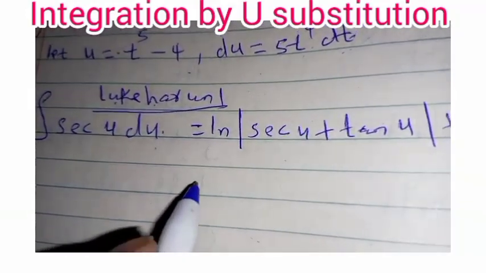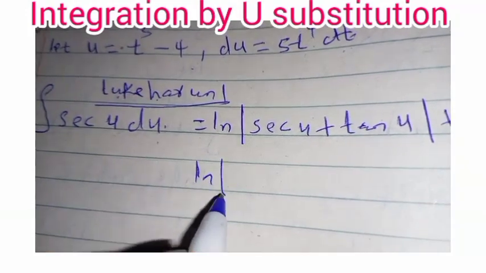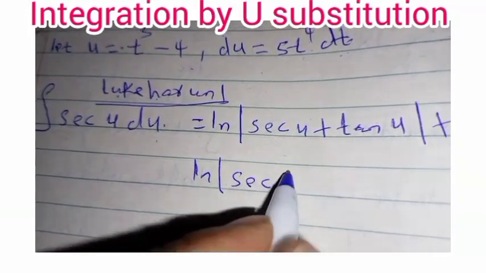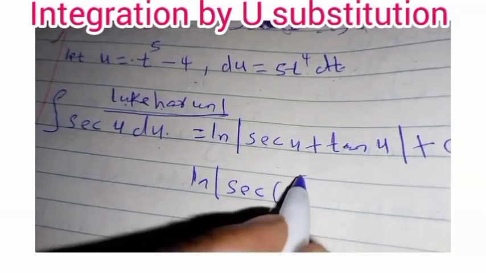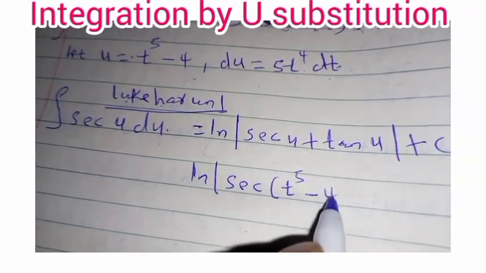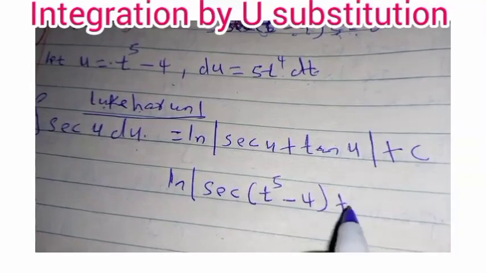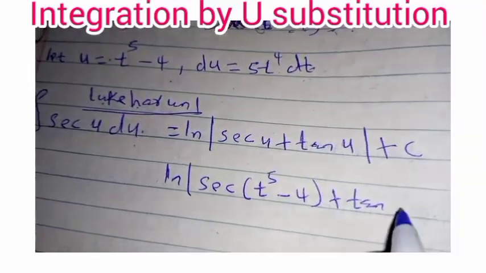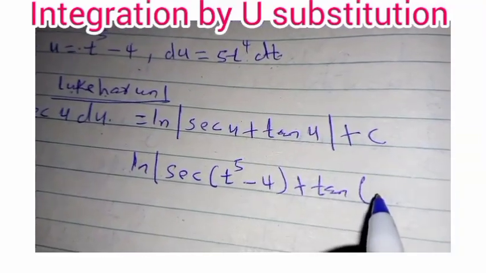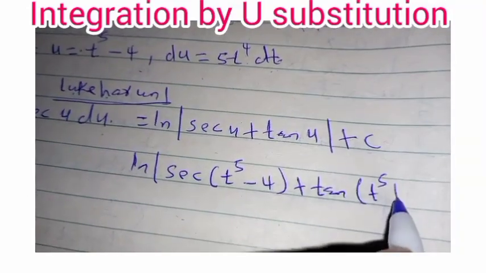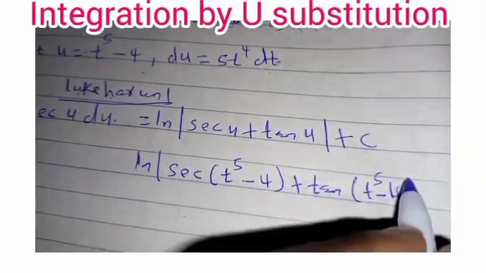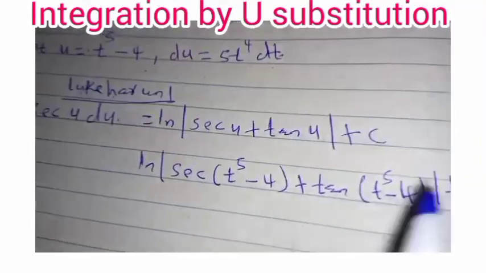So we can substitute, instead of u, we write t power 5 minus 4. The natural logarithm of modulus of sec of t power 5 minus 4 plus tan of t power 5 minus 4, plus constant c.